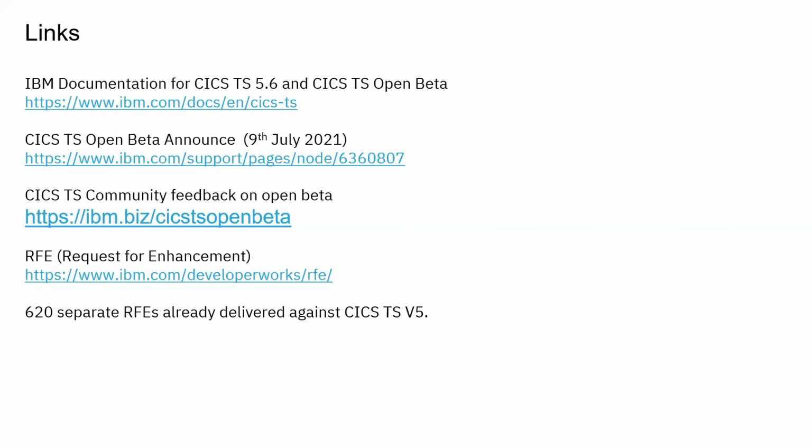Something I did on a previous security presentation a few years ago was do a lookup of how many RFEs, customer requirements, we've implemented recently, because we always got a comment from many customers saying, oh, there's no point in raising a requirement because you never address it. We've actually addressed 620 separate customer requirements in CICS version 5. And that's the number of separate requirements. Many of those requirements have been voted for multiple times by different customers.